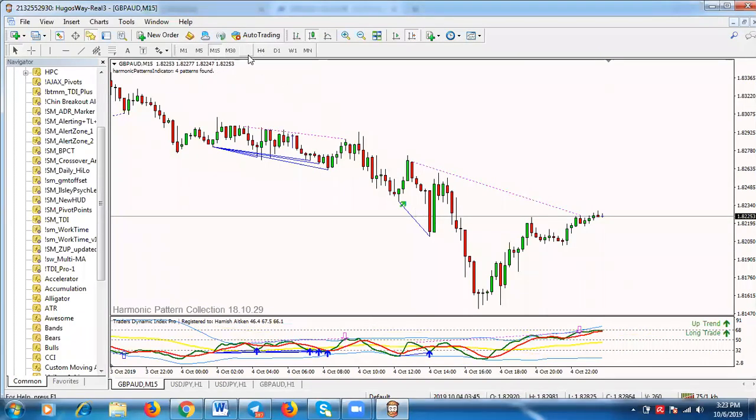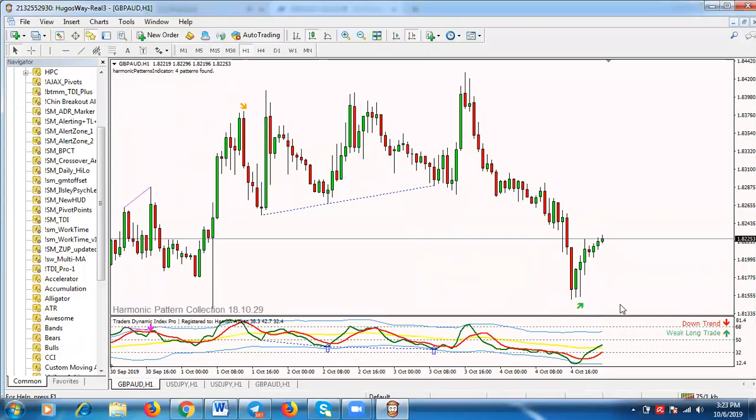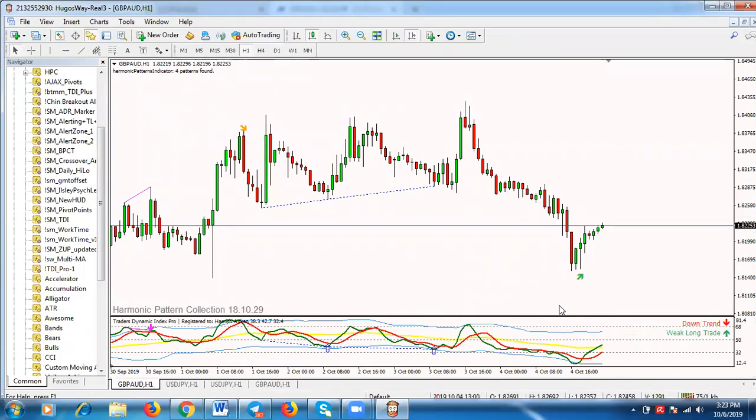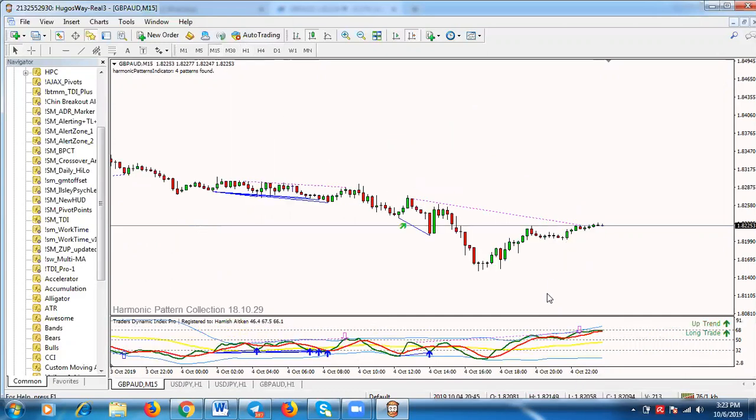So I want to check for divergence. Do we have divergence on the 1 hour? On the 1 hour, we have no divergence. 15 minutes, no divergence. All right, so that's fine.